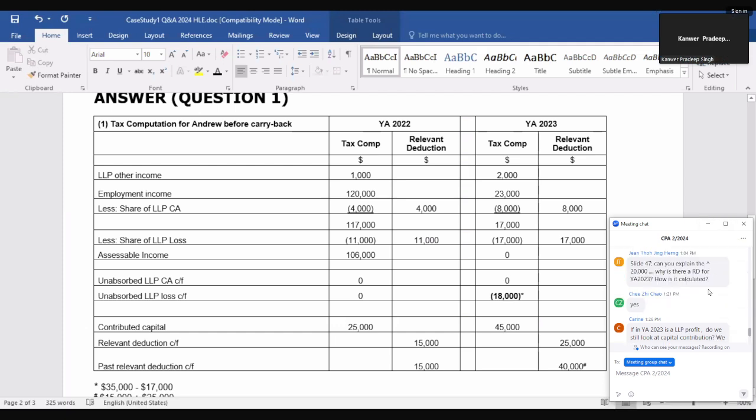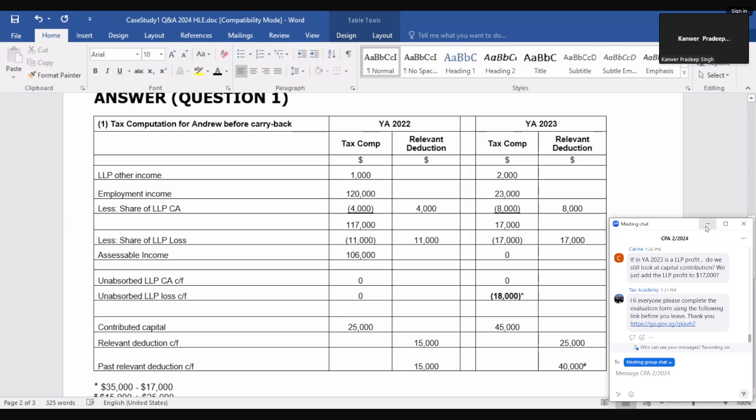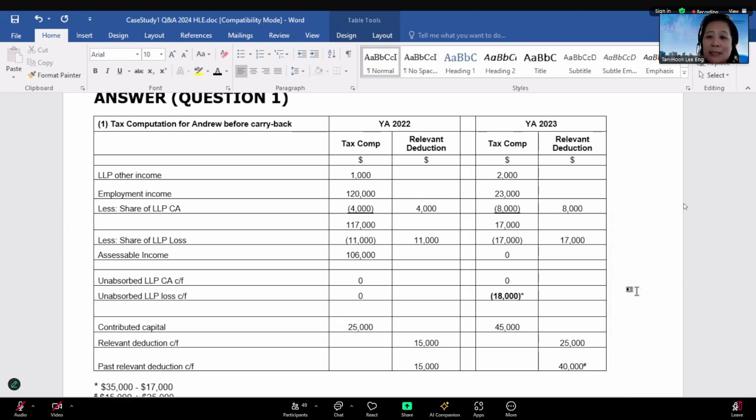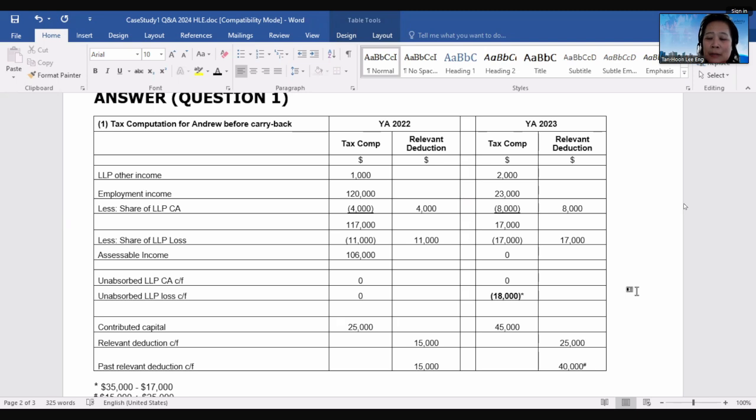At the end, it doesn't make any sense of giving deduction at all. Because limited partners are liable up to the CC. Whatever the instance, you have to differentiate a limited partner and a general partner. A general partner will not have such restriction rules. You incur loss, you give the whole thing to you. But a limited partner doesn't work that way. There must be some difference between a limited partner and a general partner.